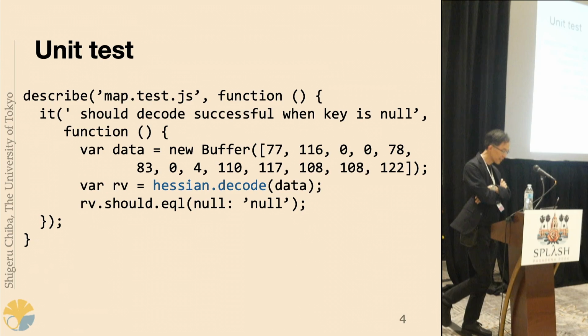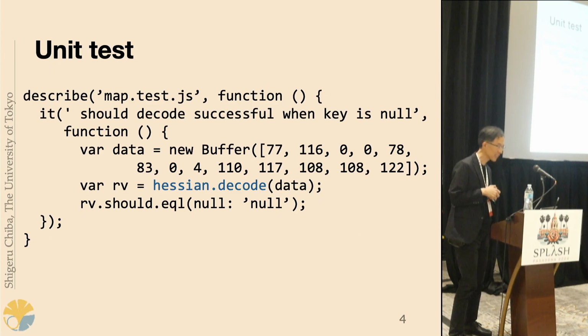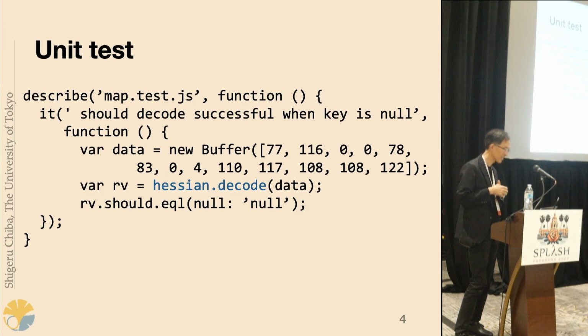So this is an example we used as a motivating example. This code was taken from a real bug database, which was originally taken from a GitHub repository. It is written in JavaScript. This unit test simply tests map.test.js, and it assumes that it should decode successfully when key is null.